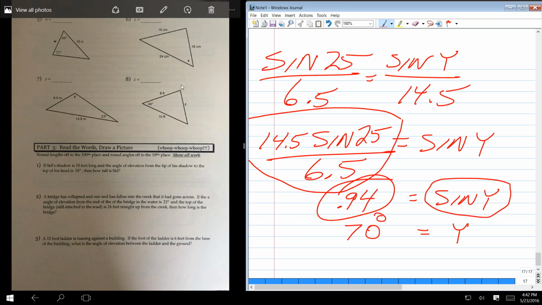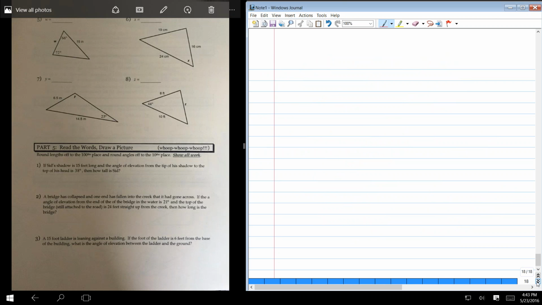So both of those problems, 5 and 7, we were able to use the law of sines because we can see right off the get-go that we have an angle and its opposite side. Down here I have this angle and its opposite side. As long as you have that, you don't ever need the law of cosines.